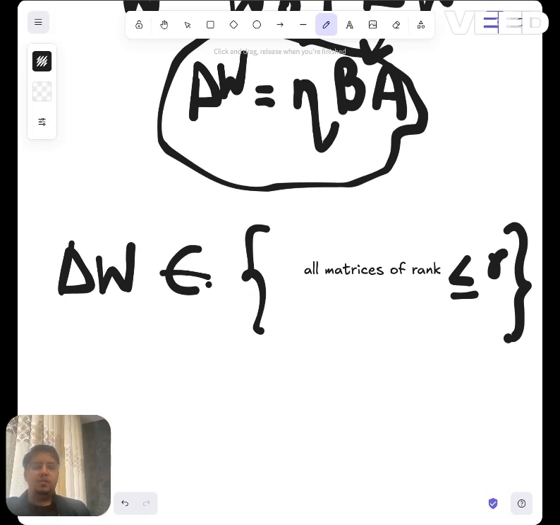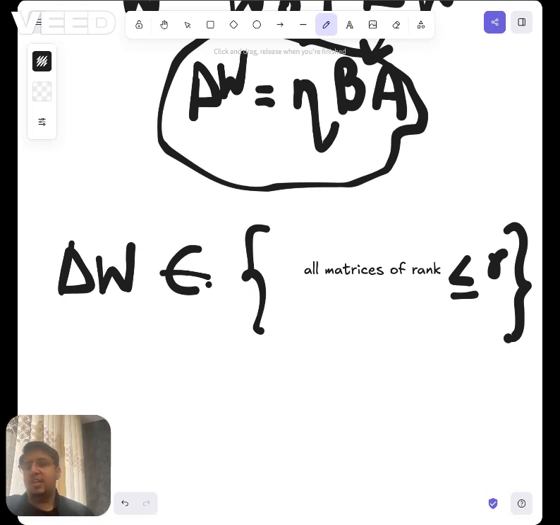Now, in terms of why this initialization here matters so much, I would say there's really something very subtle but important here. LoRA does not really restrict where we can move, it just restricts how quickly we can rotate that space.